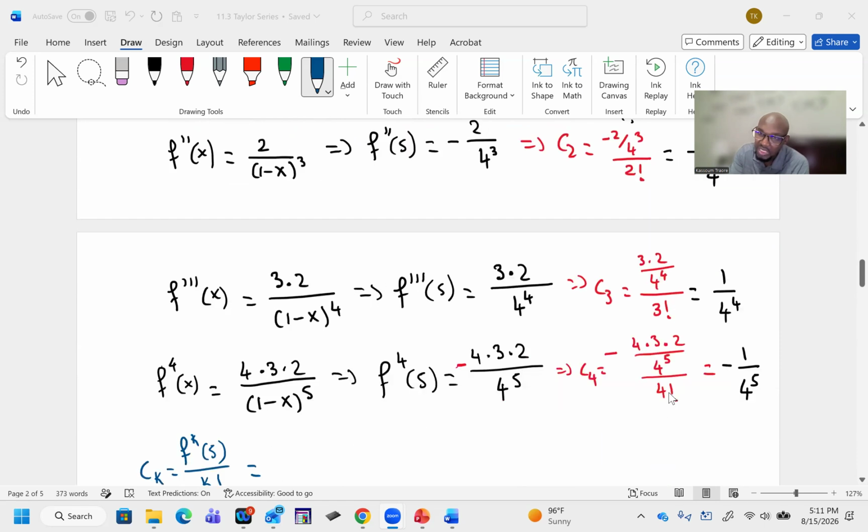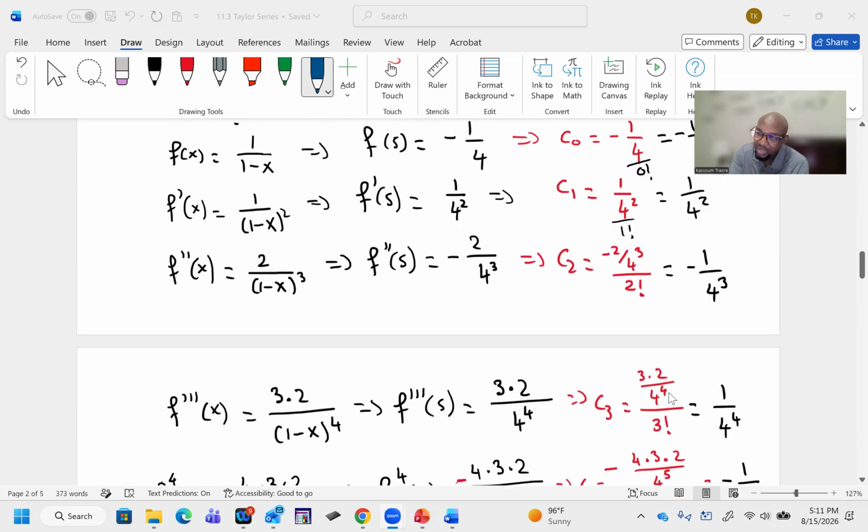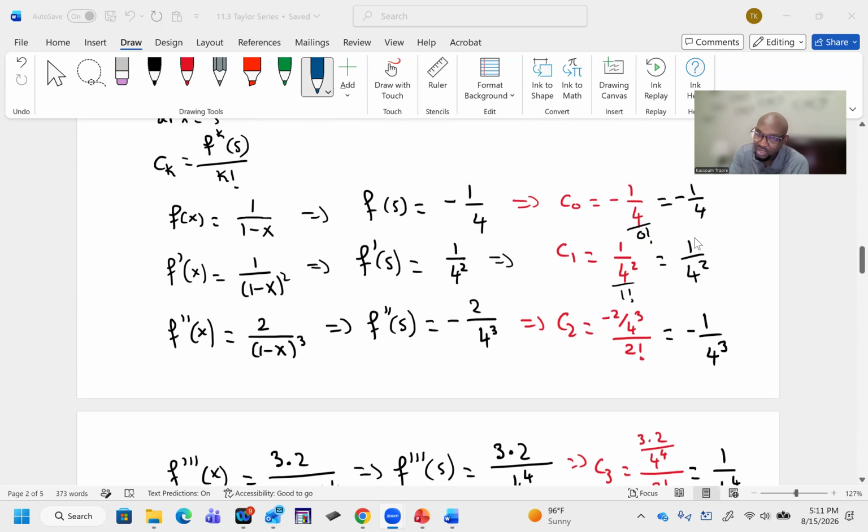But what we have here, the denominator, all of them is 4. But C0 is 4 to the power of 1 and C1 is 4 to the power of 2.